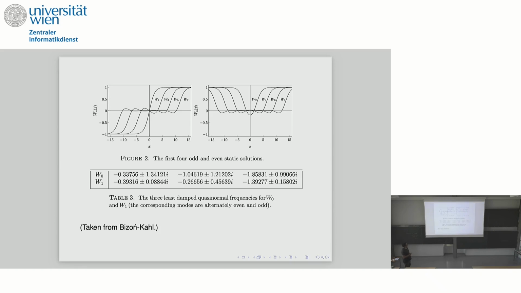So this is H1, just this one, and you can see that if n is even, then the solution is even. And if n is odd, the solution is odd. And very importantly, W3 has 3 zeros, and W2 has 2 zeros. This is something I'm going to mention later.